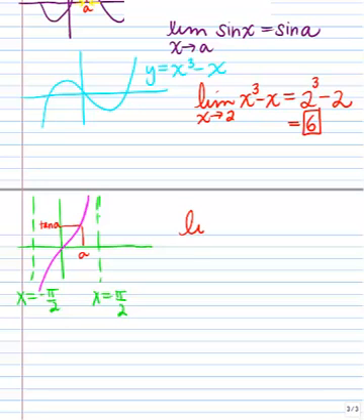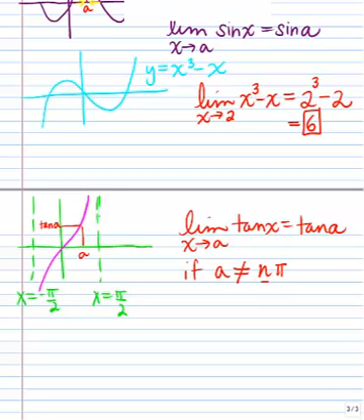So the tangent function also would allow substitution for a limit as long as you're not landing on an asymptote. Okay, so I do want you to have a good sense about substitution.